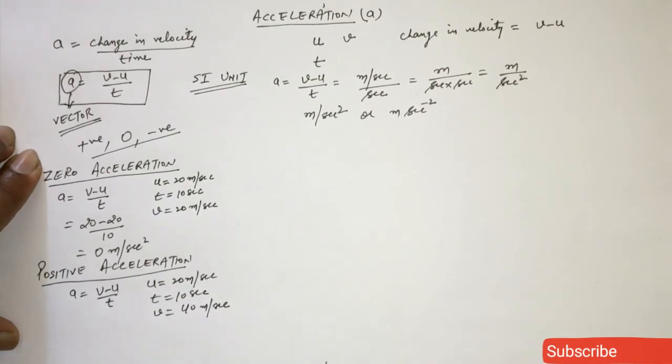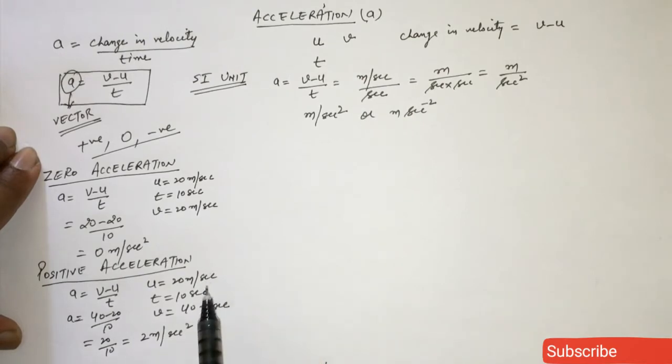Means the velocity of the body increases. In this case, A becomes 40 minus 20 upon 10, means 20 upon 10 is equals to 2 meter per second square. Means the case in which the velocity of the body increases, means the direction of acceleration is same as the direction of velocity. In that case, the acceleration is positive.